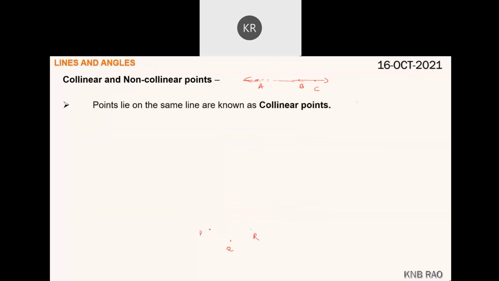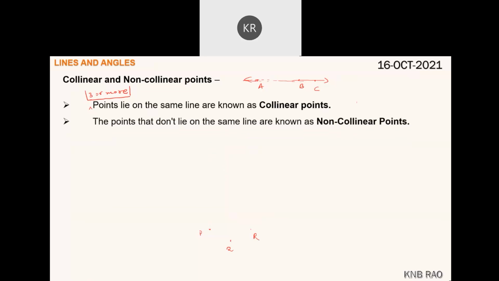So points lie on the same line, but how many points here? 3 or more. Very important. 3 or more points that lie on the same line are called collinear points.